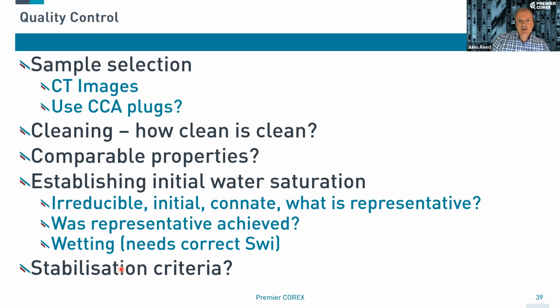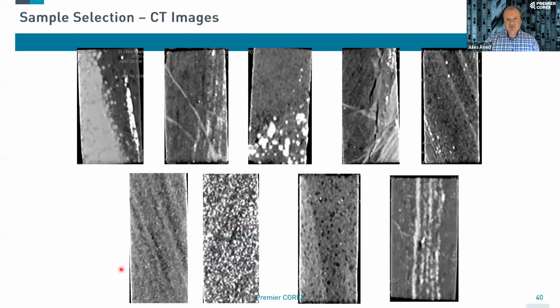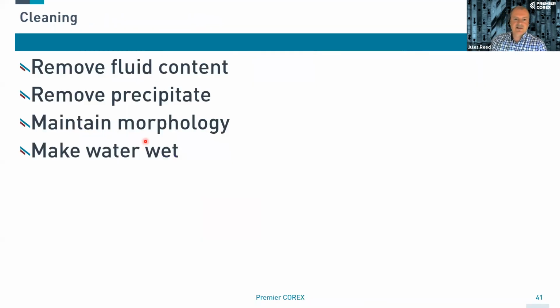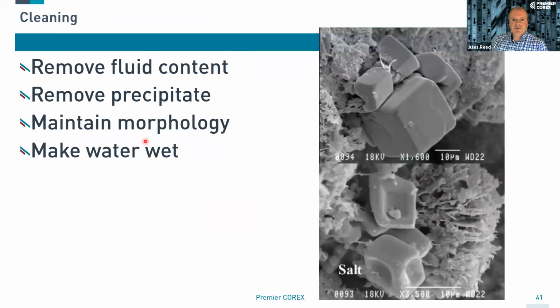production volumes. So when we get our samples, we need to review the CT, look at features. All of these are ones that are not really desirable for using in a test, so we should discard samples with these sort of undesirable features. We need to remove fluid content.